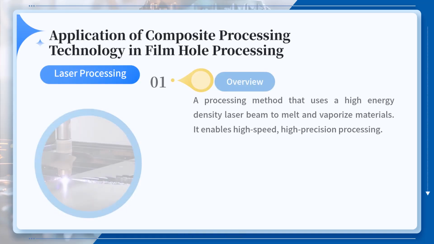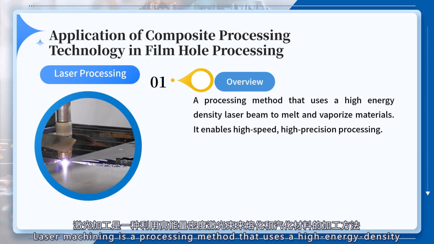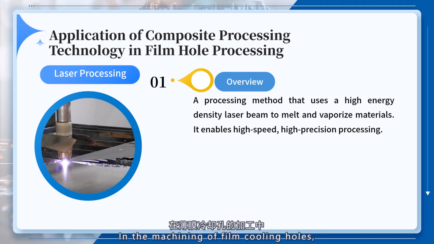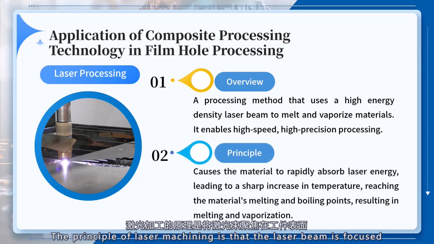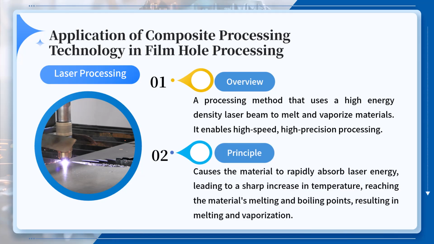Laser machining. Laser machining is a processing method that uses a high energy density laser beam to melt and vaporize materials. In the machining of film cooling holes, laser machining can achieve high speed and high precision processing. The principle of laser machining is that the laser beam is focused on the surface of the workpiece, causing the material to rapidly absorb the laser energy.